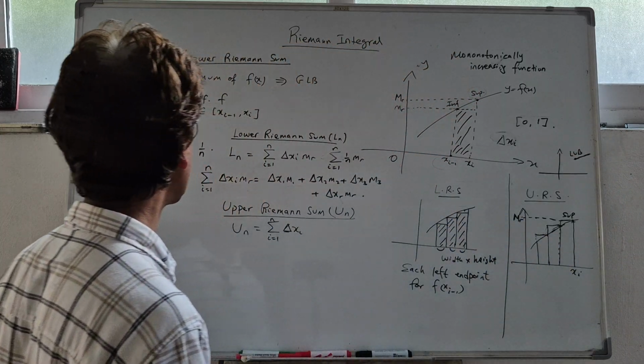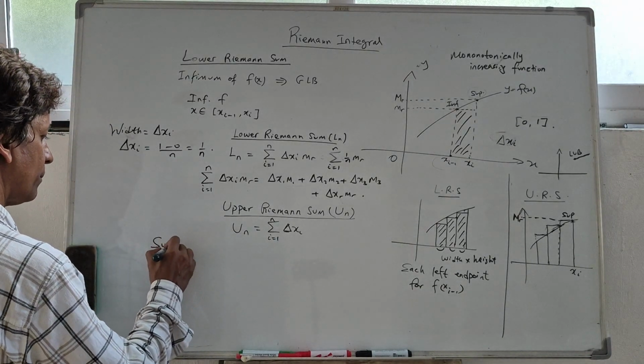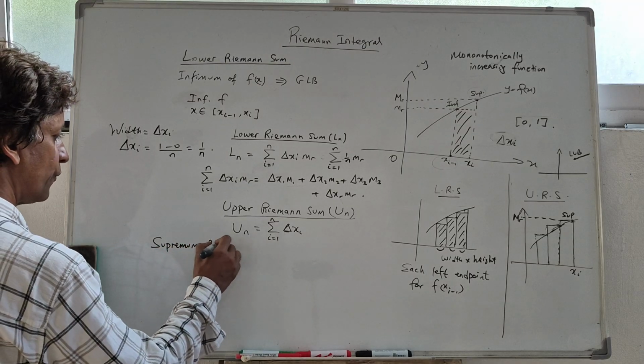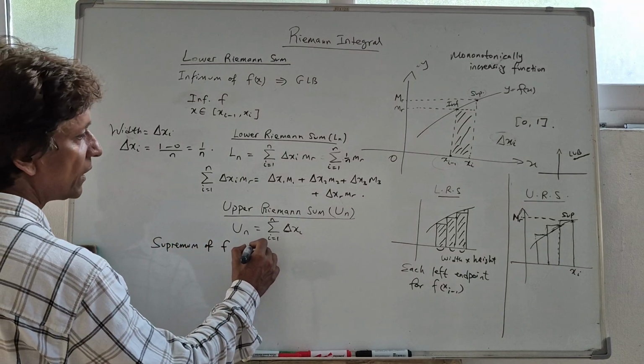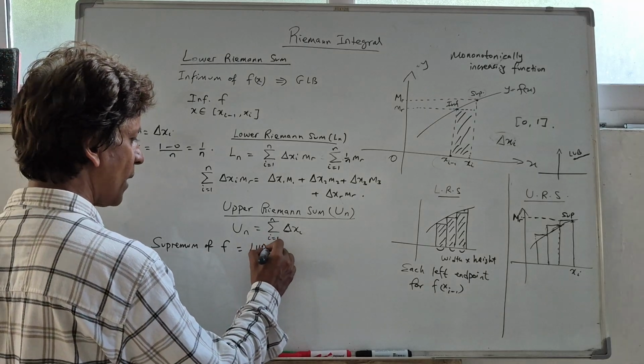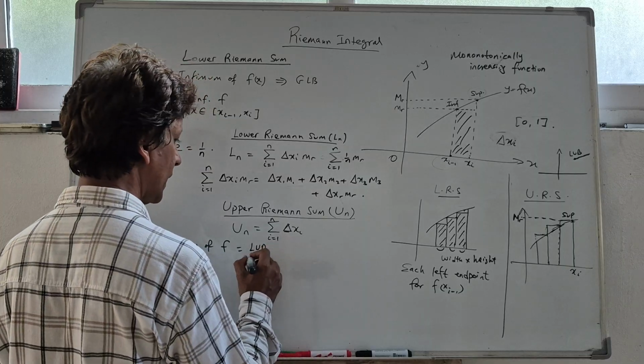So the supremum of f is actually the lowest upper bound. And how do we do this?